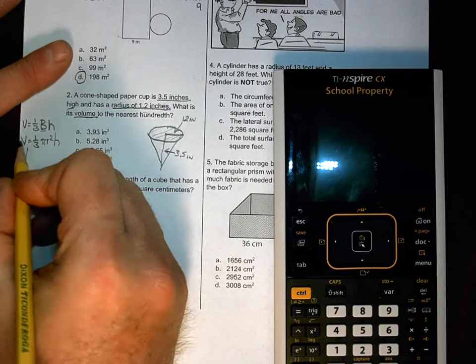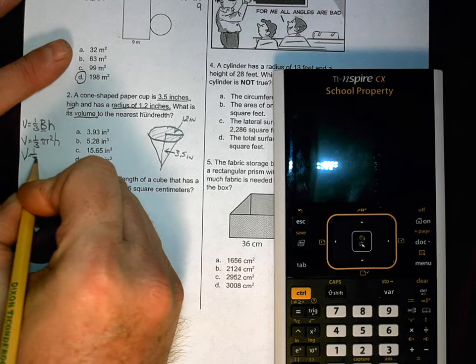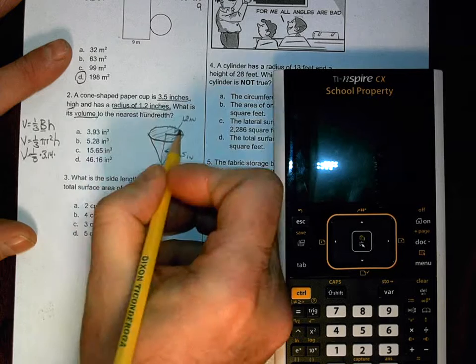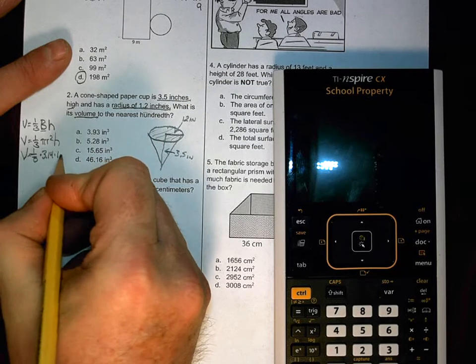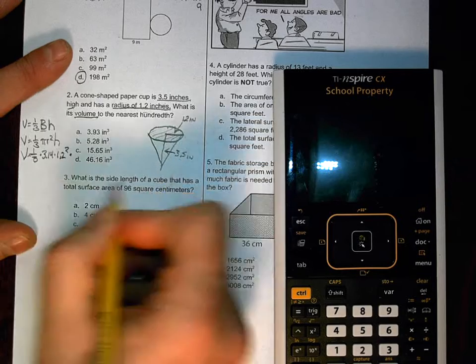So now that I've got the full formula, I can fill in the parts that I'm missing. Volume equals 1/3 of pi, which is 3.14, times the radius squared. The radius is 1.2 inches, squared, times the height, which is 3.5.